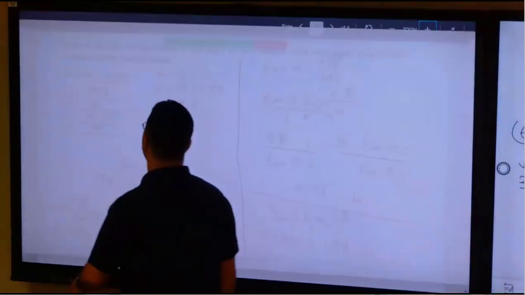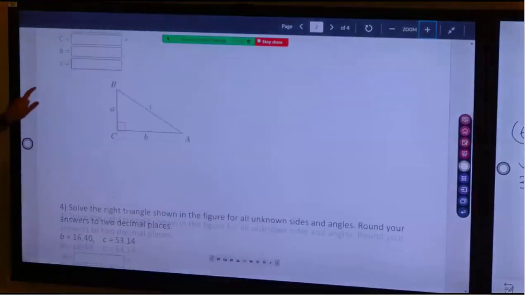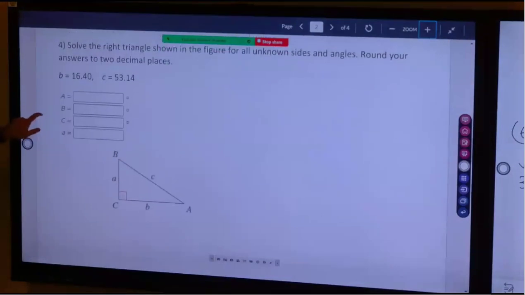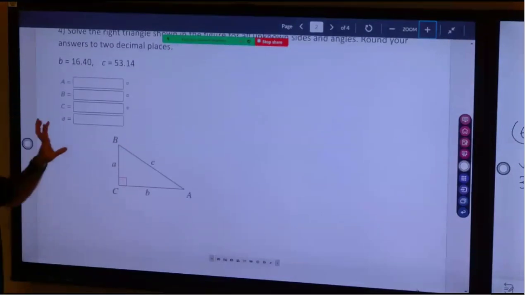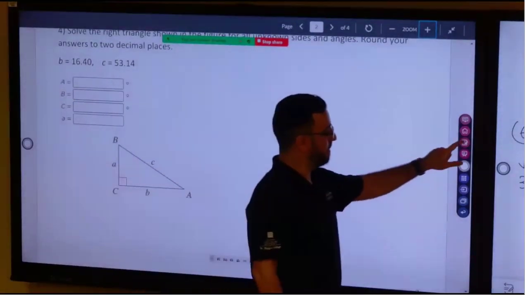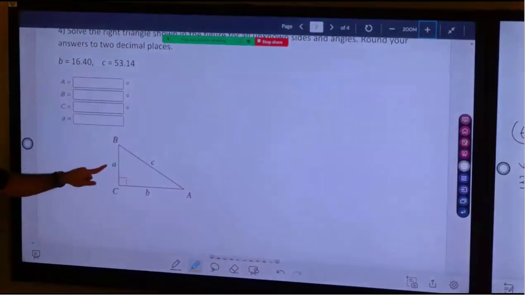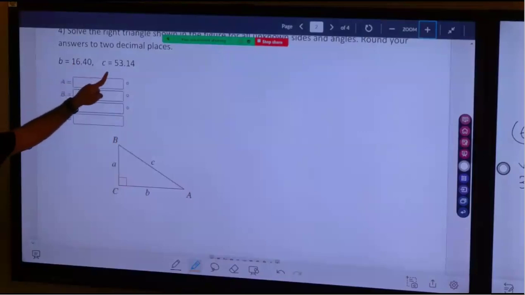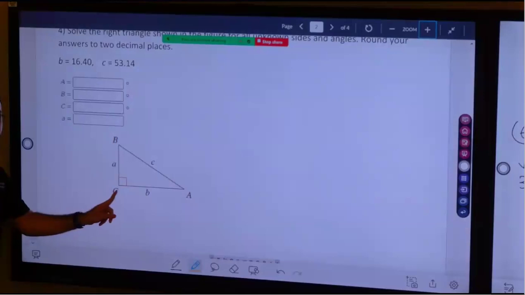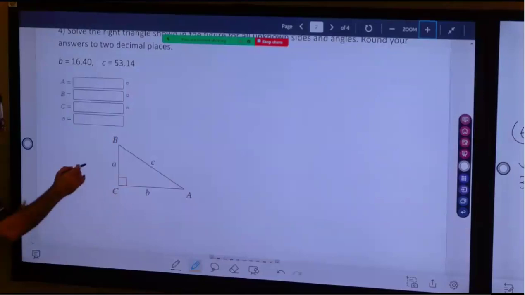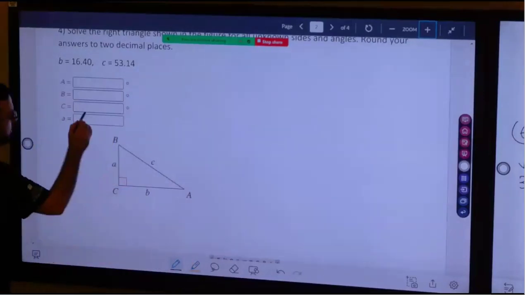Next problem. Number 4. Now look what we have. We have two sides, side B and side C. I already know the angle C is 9.